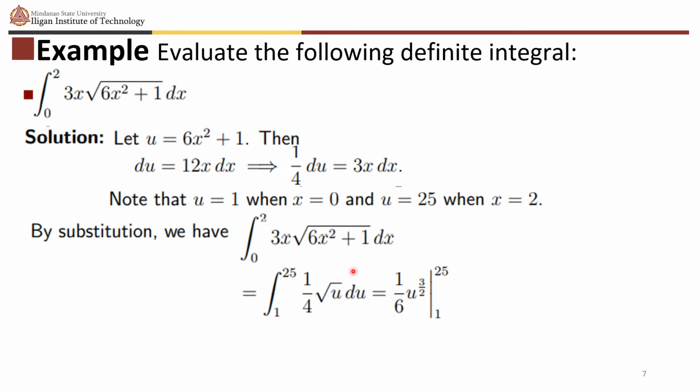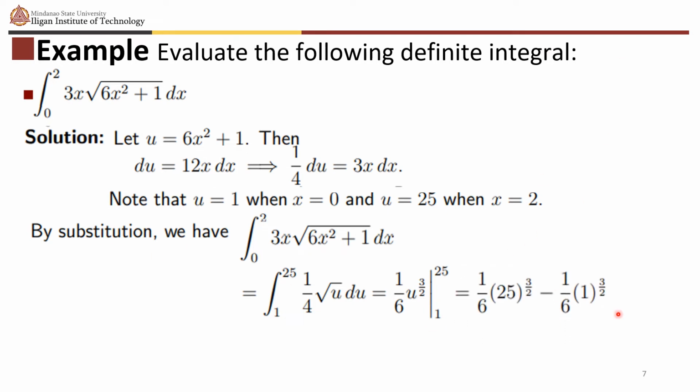So 1/2 plus 2 over 2, that becomes 3 over 2. And then it should be over 3 over 2. But because we have 1/4 here, so over 3 over 2 can be written as 1/4 times 2 over 3. Then you can cancel out your 2 and 2 here. So come up only with 1 over 6. And then this is evaluated from 1 to 25.